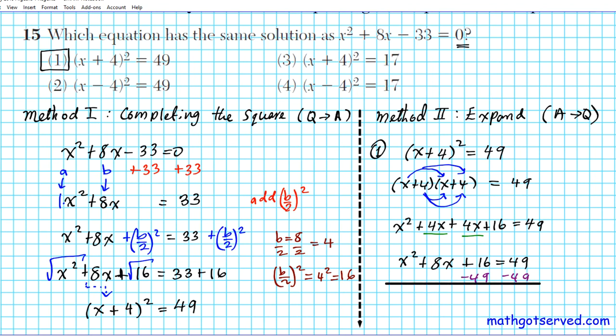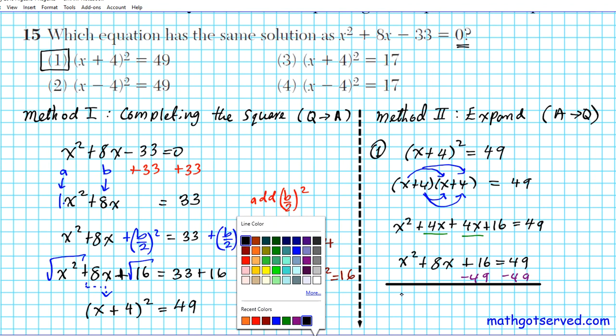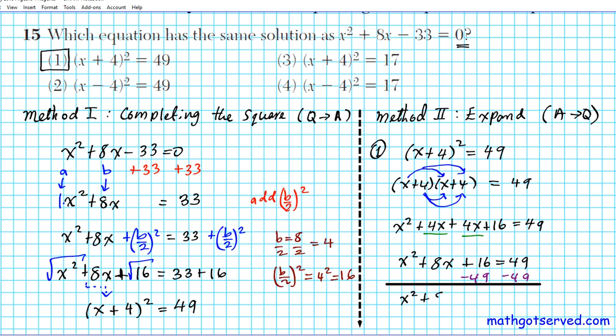If we carry out the subtraction, we are going to get x squared plus 8x, and then if you do that with your calculator, you get minus 33 equals 0, and this is a match, so the answer is option number 1.